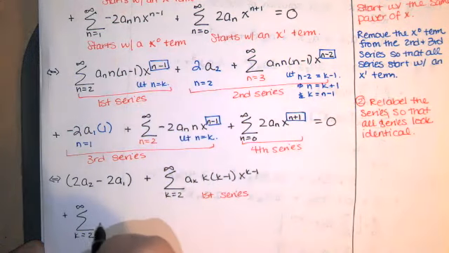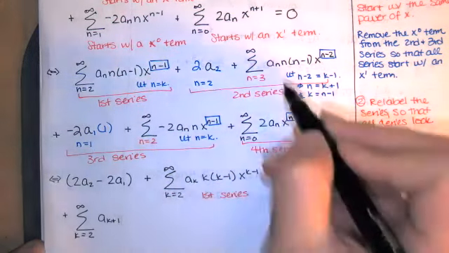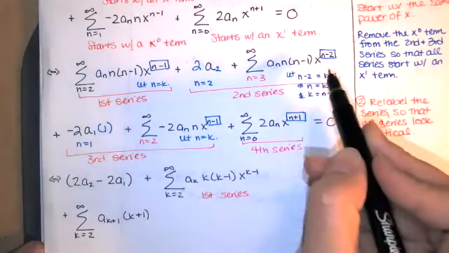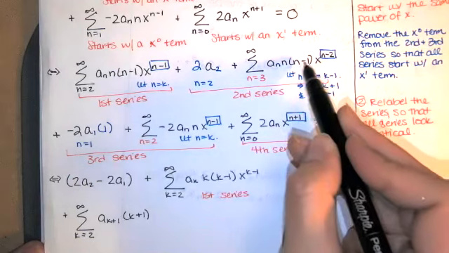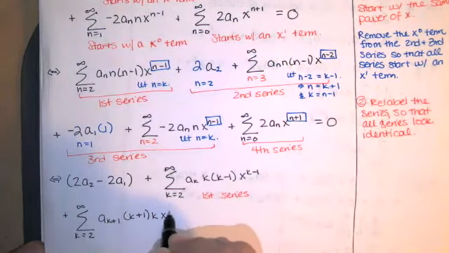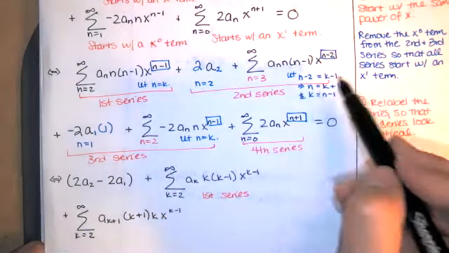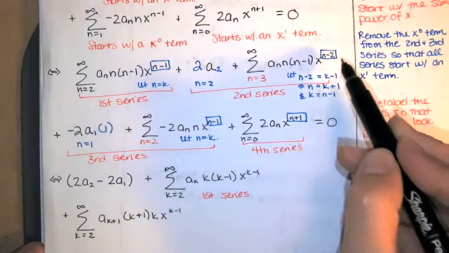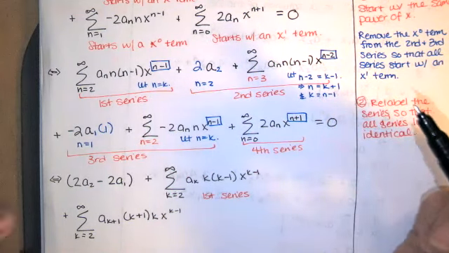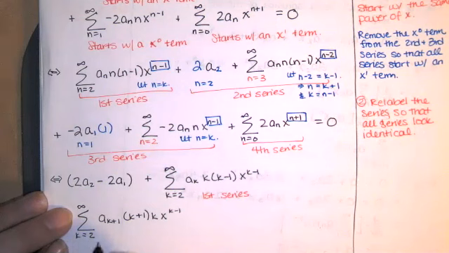This is a sub k plus 1 times n, which is k plus 1, times n minus 1, so that's k plus 1 minus 1, which is just a k, times x to the k minus 1 by design. And if you're not sure, you can replace n with k plus 1. K plus 1 minus 2 is k minus 1. Okay, so that's our second series.